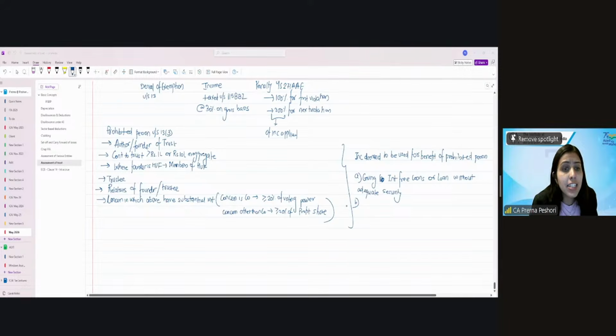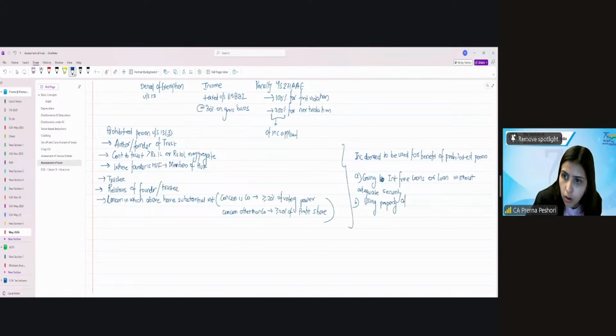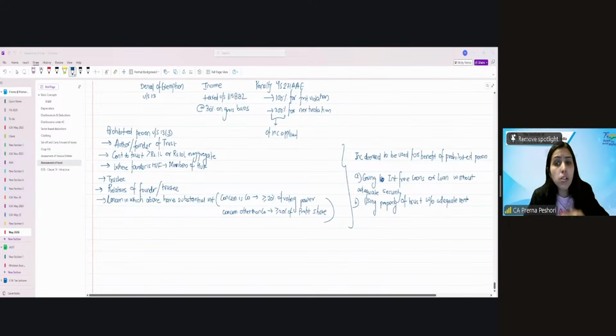Secondly, when, let's say for example, the property of the trust is allowed to be used by them without charging adequate rent, using the property of the trust without adequate rent. Or if the amount is paid by the trust to these persons for any services rendered by them, but the amount is in excess of the reasonable sum for those services.